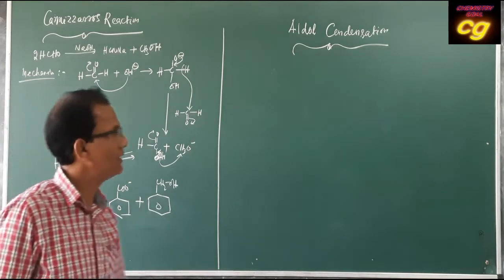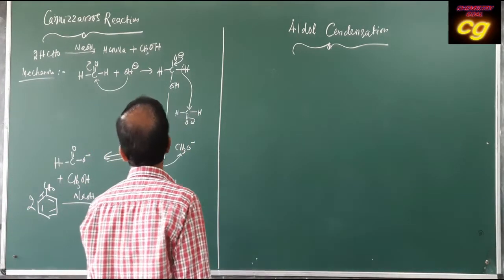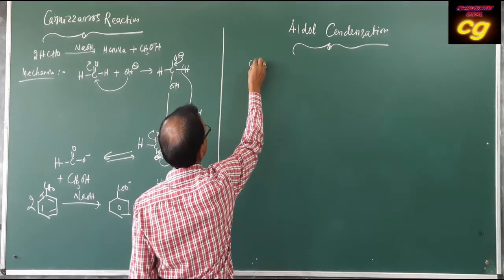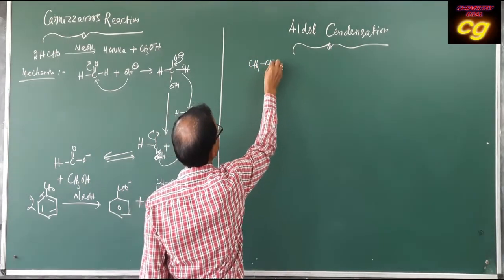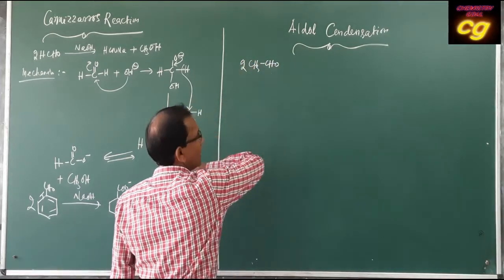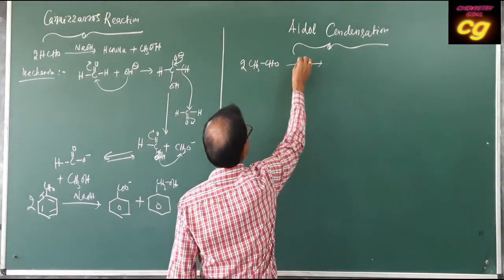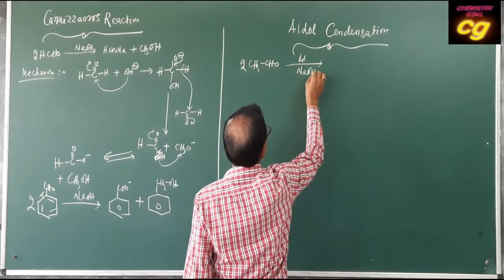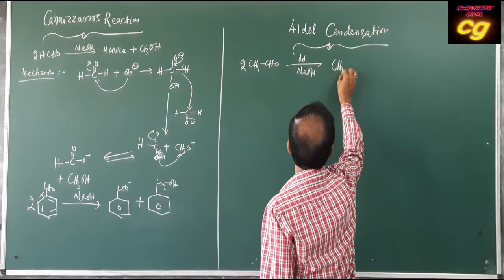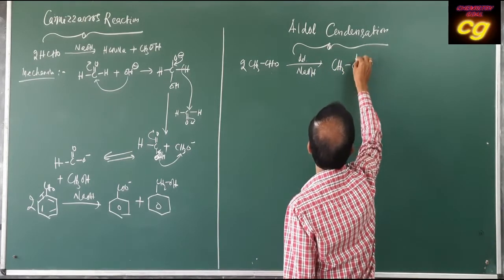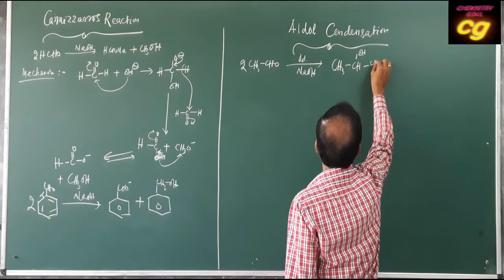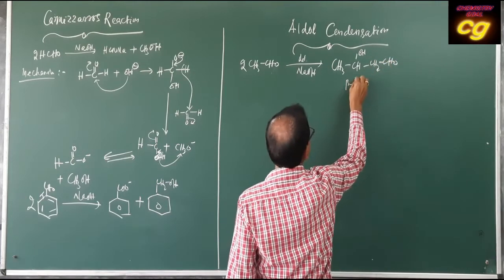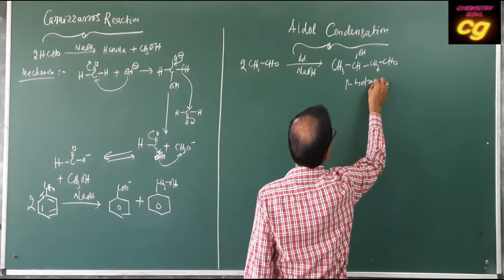Okay, then Aldol condensation. In Aldol condensation, generally an aldehyde containing alpha hydrogen atoms, two molecules of aldehyde react with dilute NaOH, forming the condensation product like this. This is called beta hydroxy aldehyde.